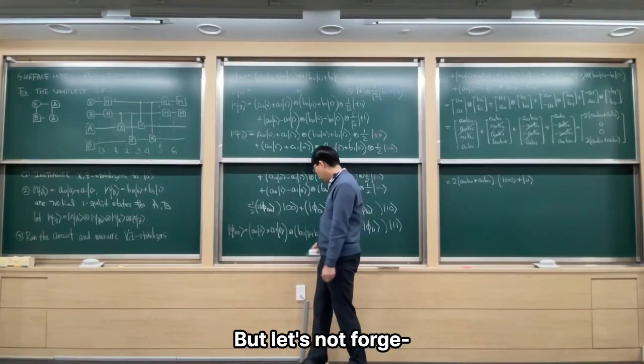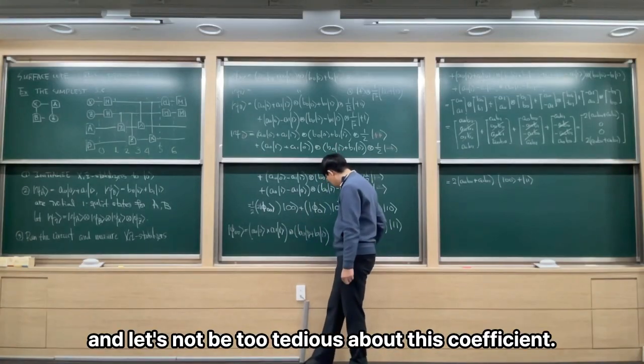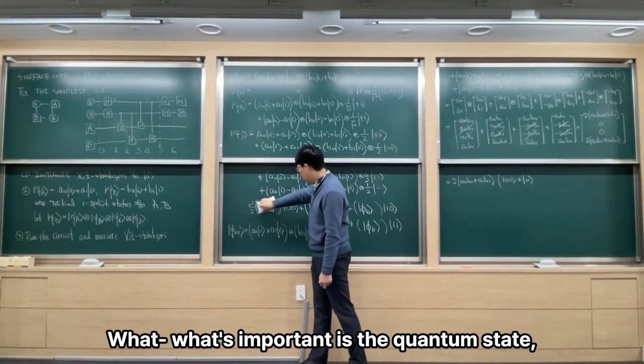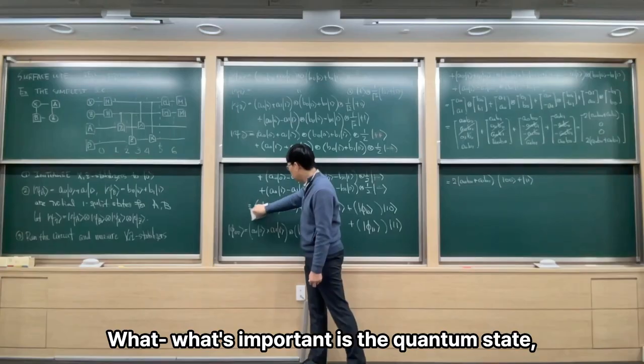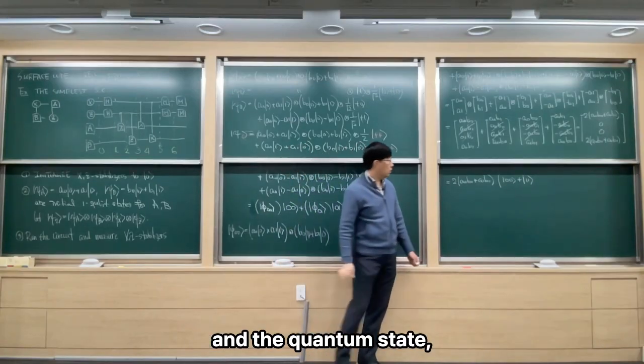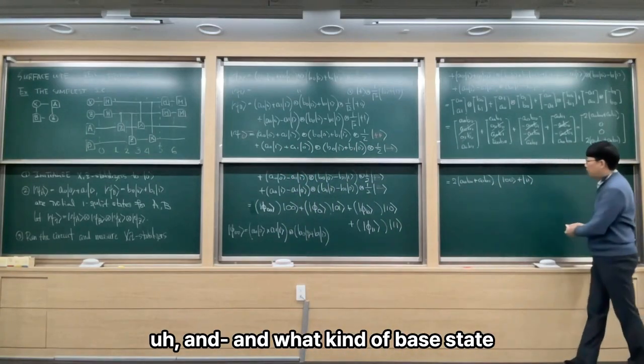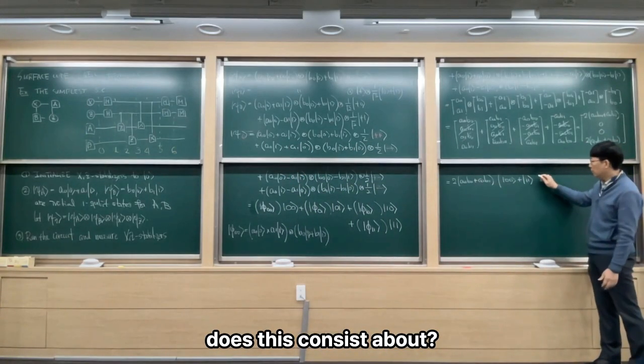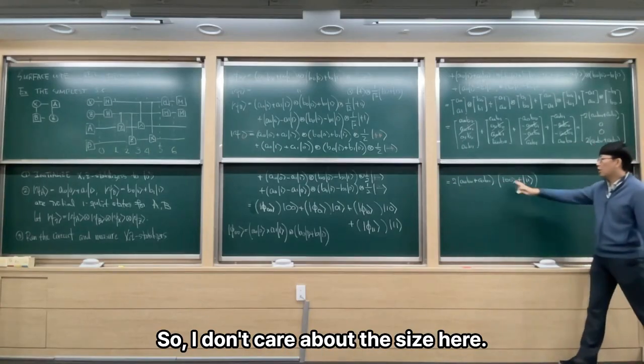But let's not be too tedious about this coefficient. What's important is the quantum state and what kind of basis states it consists of. So I don't care about the size here.